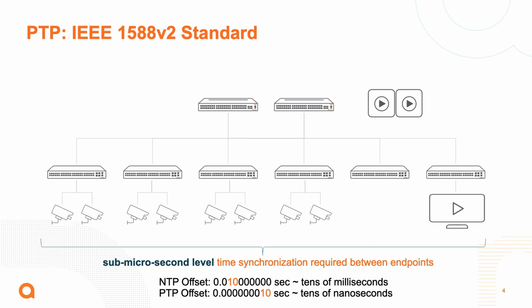PTP, of course, uses messages to exchange synchronization information and also to keep the whole PTP system working. Here you see that there are some message types that are event and general. The key difference is that event messages are those that contain a critical timestamp.